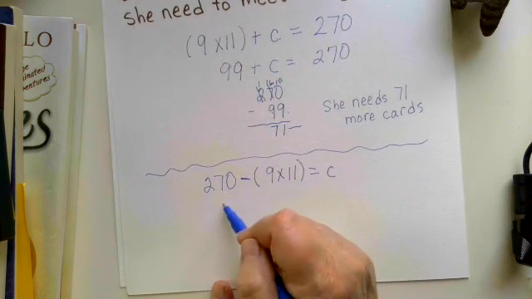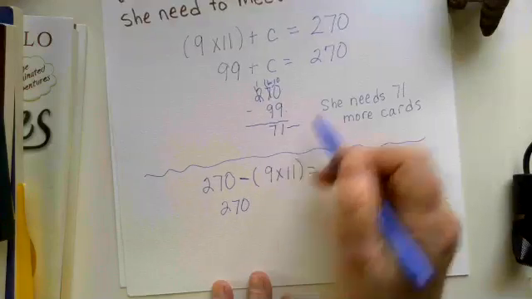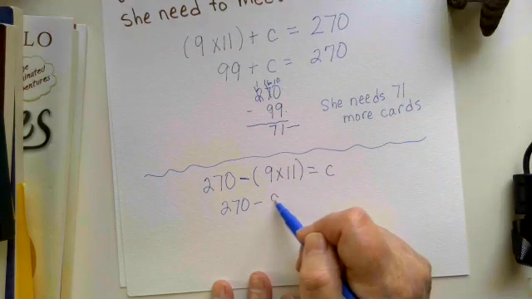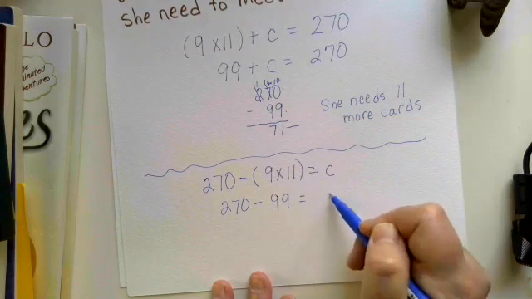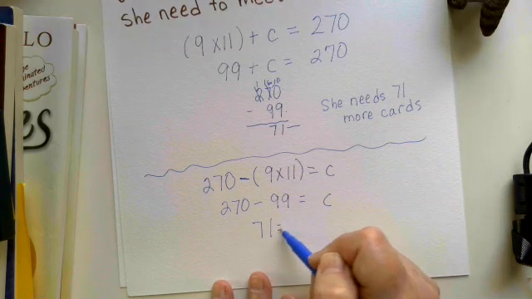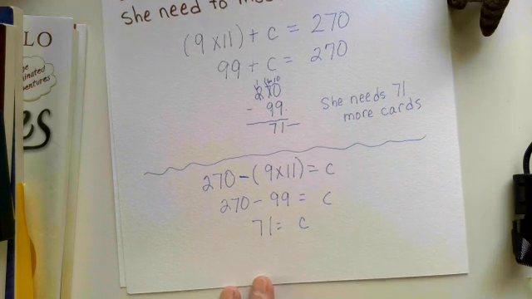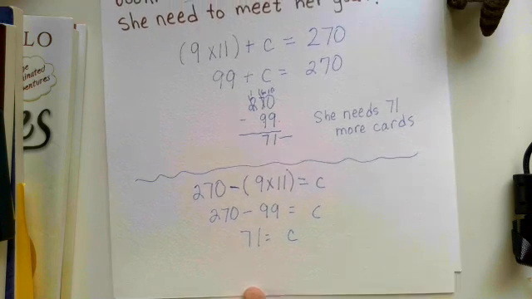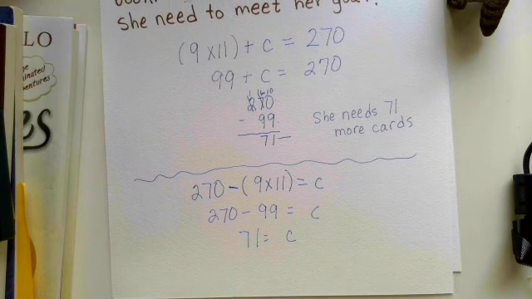And we can tell that's going to work because it's pretty much like what we did up here. 270 take away 99 equals C, 71 equals C. So remember, we talked yesterday about being flexible with the equations. There's lots of different equations that would work for this.